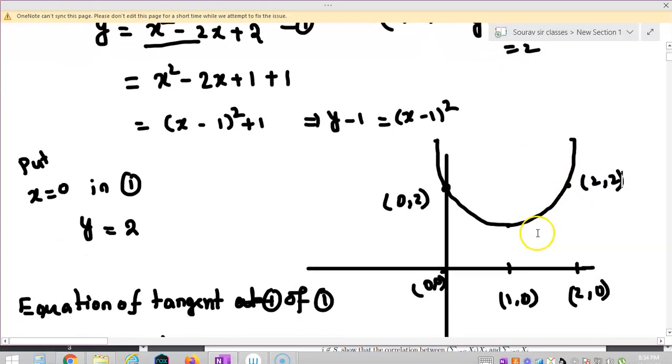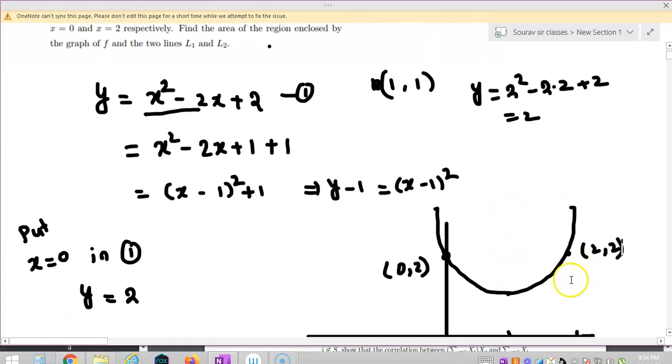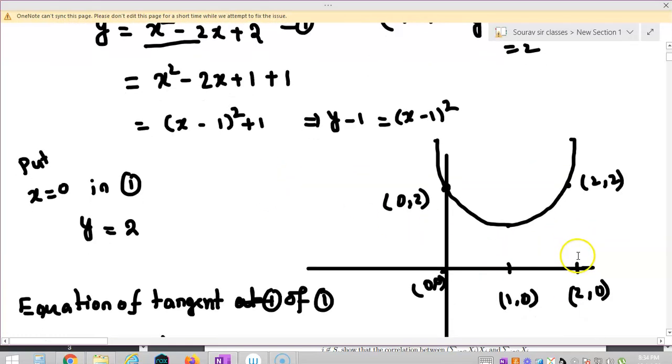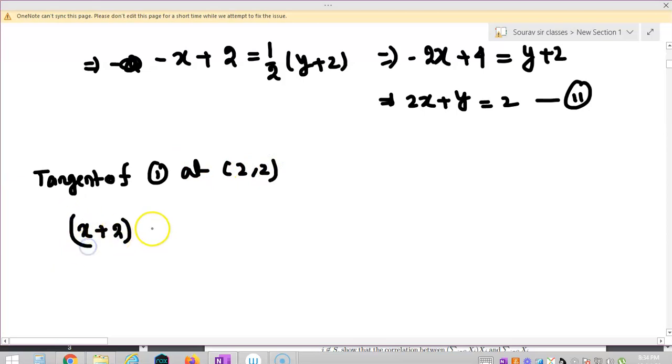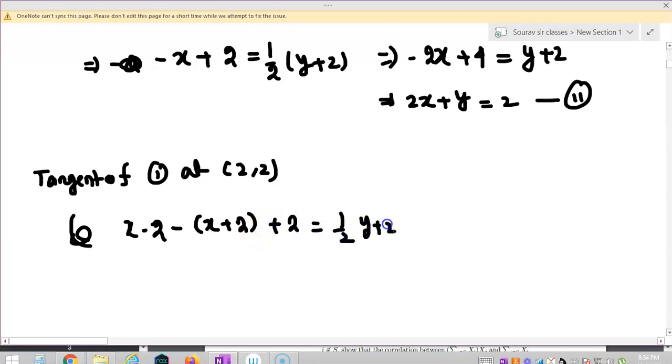Now I need to find the equation of the tangent of 1 at (2, 2), which will be x into 2 minus 2 times (x plus 2) and y equal to half into (y plus 2), right?